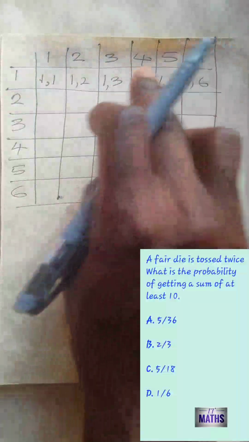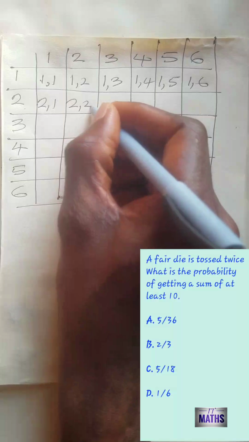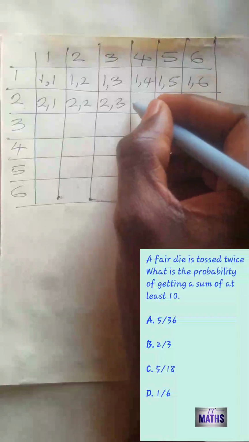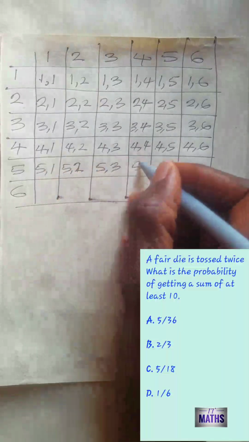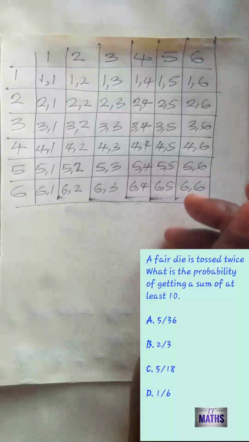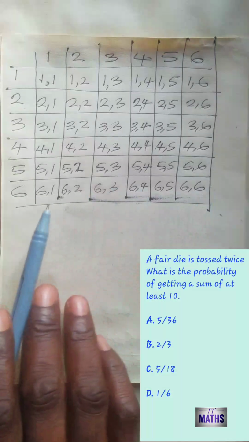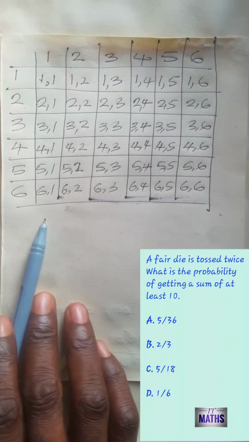That is this one and these combinations. Or 2, 1, 2, 2, 2, 3. Now just keep doing that till we get to the end. Now these are all the possible combinations, and if you count, you're going to have 36 possible combinations, and that is what we had as the denominator in the previous method, over 36.